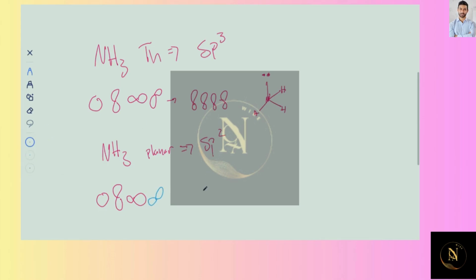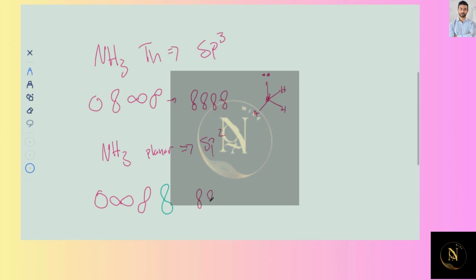Let me swap these real quick, up and down one. It doesn't really matter, but it makes it easier. And then an unhybridized p orbital.